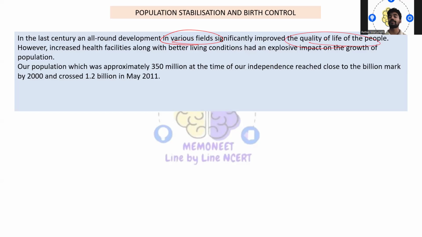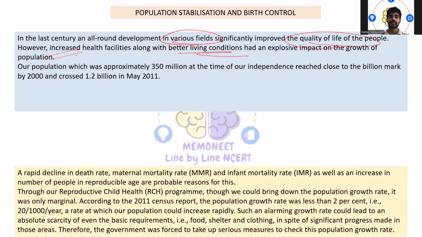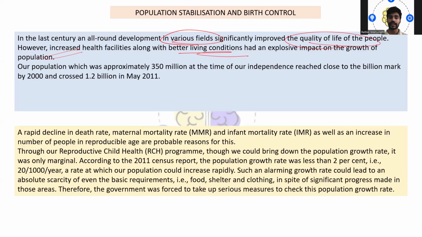By this, what happened is it has facilitated better living conditions, and it has also had an impact on the growth of the population. That means it has added an advantage for the growth of the population.